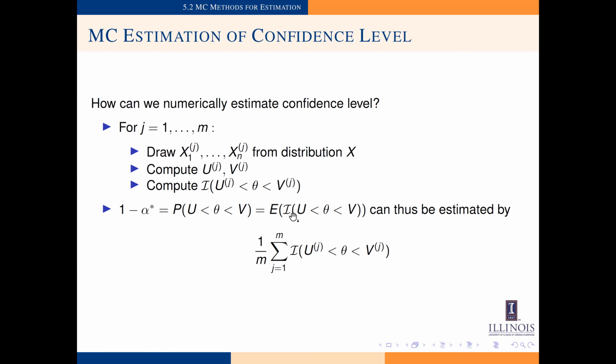And because this is again an expectation, this can be estimated by the sample mean. So we have drawn m samples of this indicator of theta between uj and vj earlier. If we take the sample mean across the m replications, we get an estimate of this confidence level.